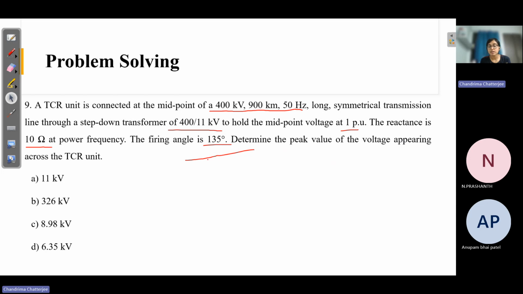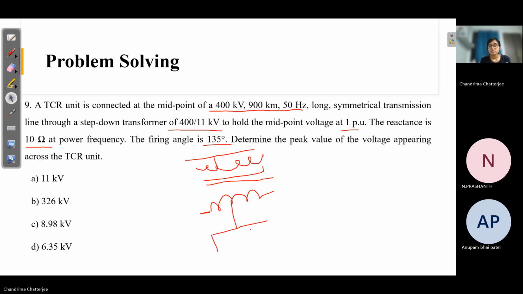If this is the bus, then earlier the thyristors were directly connected with this bus, but now there will be one step down transformer, and with this transformer the thyristors are connected like this.